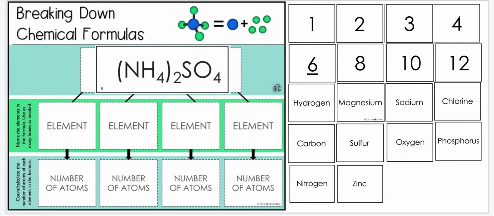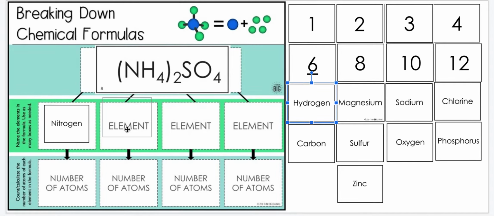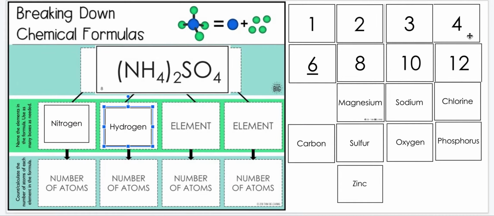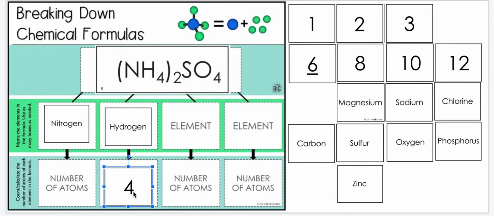Ooh, some parentheses. I have (NH4)2SO4. I have N nitrogen. I have H hydrogen, and that hydrogen has a 4. But wait, the N and the H also have a subscript of 2 outside the parentheses, so I'm going to multiply those by 2.